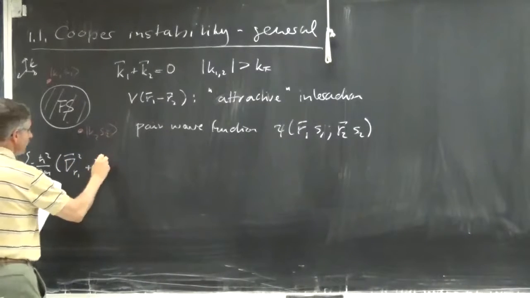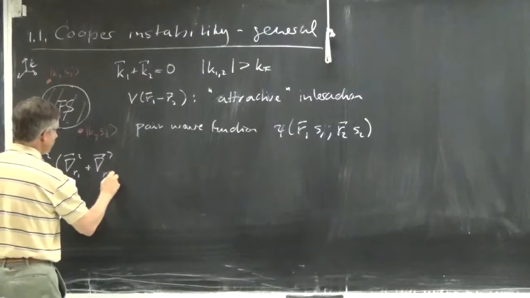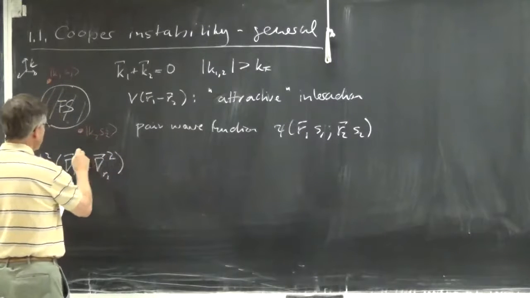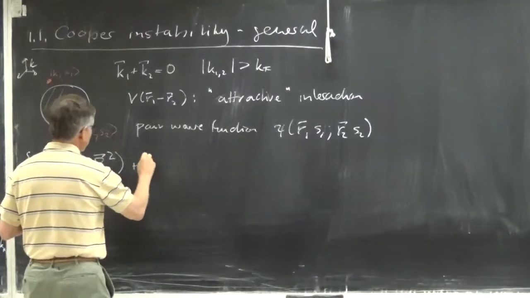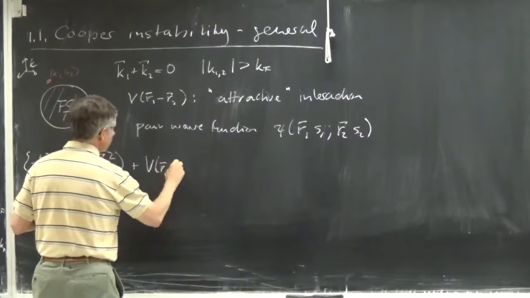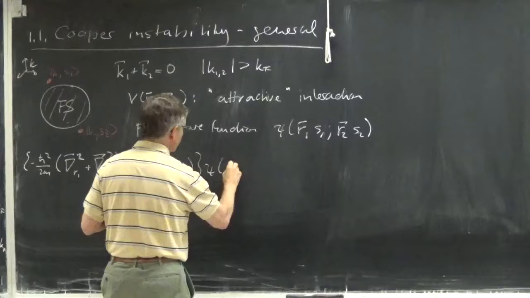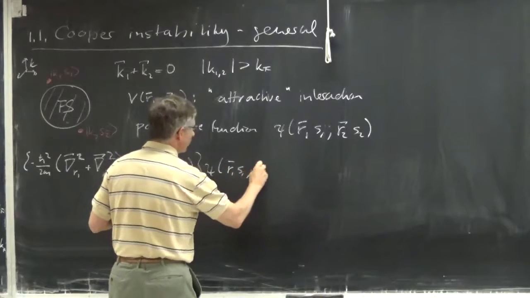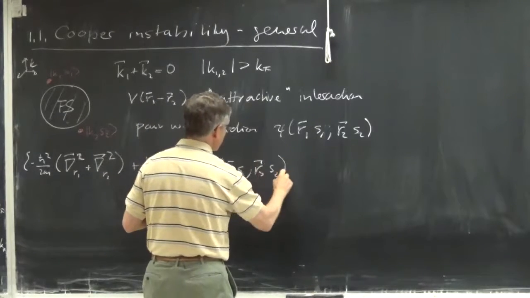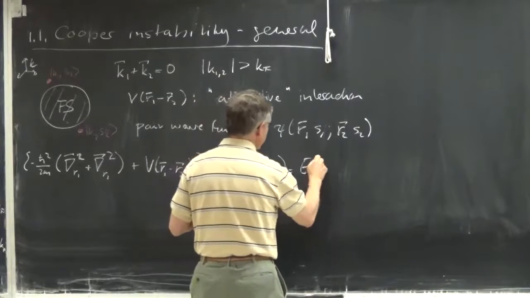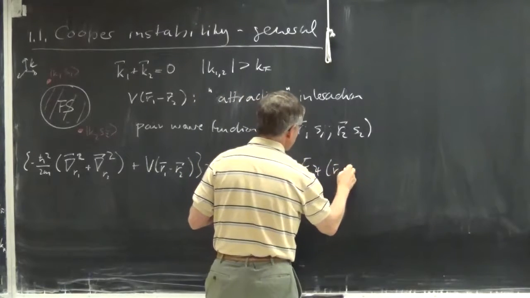So we have the kinetic energy of particle 1 and particle 2. We have the interaction. And so that shall give us energy.